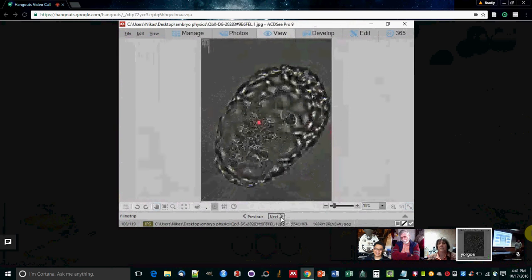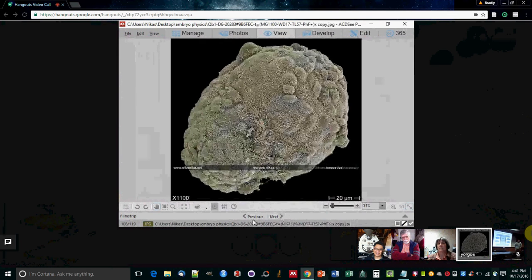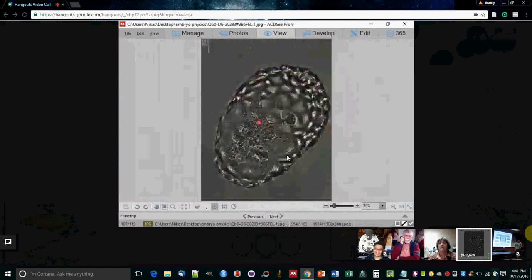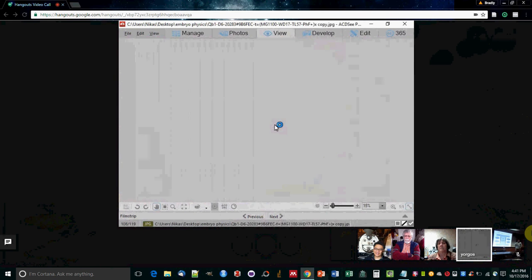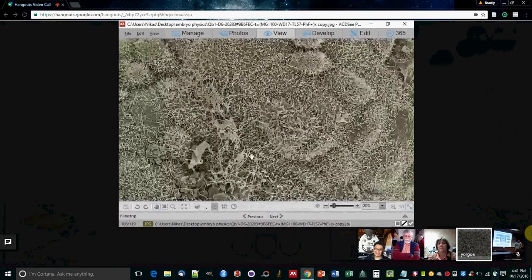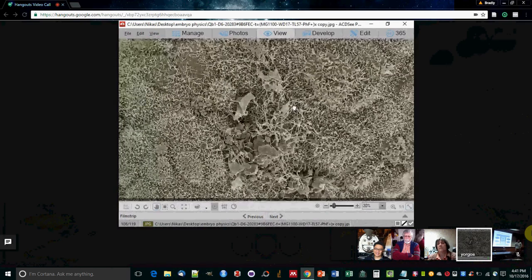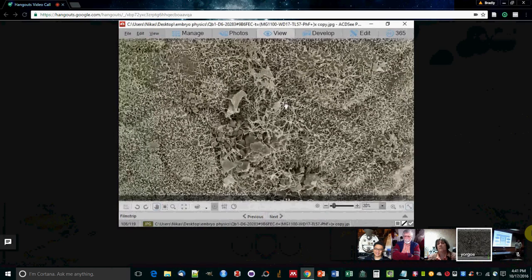So that's it in a way. You see that the area overlying the inner cell mass is different, has some long microvilli here, and this is the area we believe that the implantation starts from.